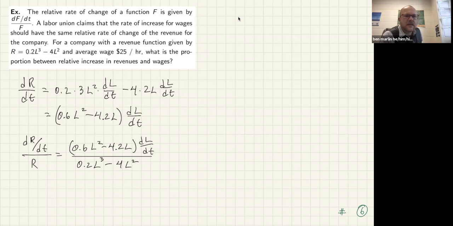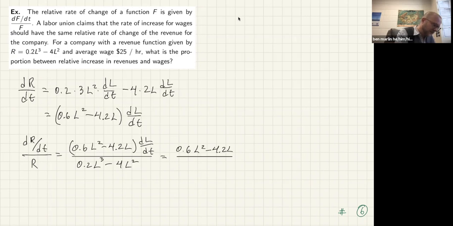value for dL/dt, but this is talking about a proportion between the relative increase in revenues and the relative increase in wages. So what we're going to do here is spot that you can factor an L out of the denominator and have this 0.6 L squared minus 4.2 L. Actually, you can do a little bit more than that.